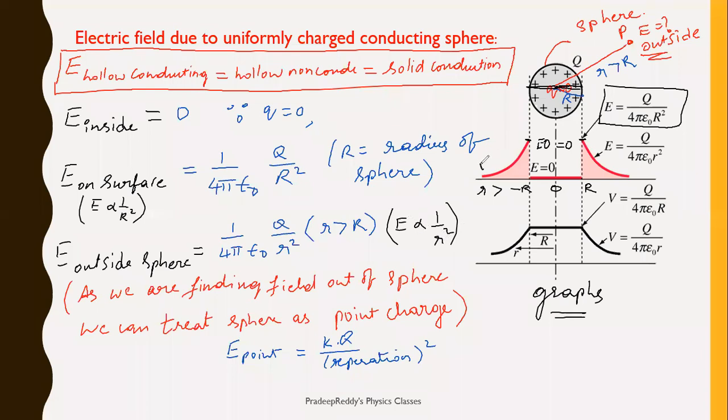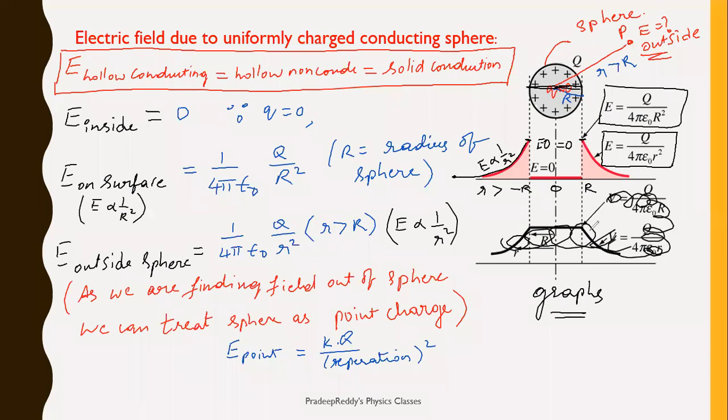Therefore, the field value goes on decreasing. When you are tending to infinity, the field again tends to become 0. Therefore, outside you have the field E equal to Q divided by 4 pi epsilon naught r square, right? These are the two equations and this is the graph.